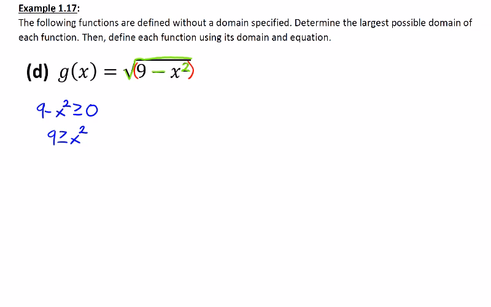Now, normally, to finish solving for x, I would take the square root of both sides. However, that is not allowed when you're dealing with an inequality. The rules that all of you are familiar with for solving equations work for equality, meaning equal signs.